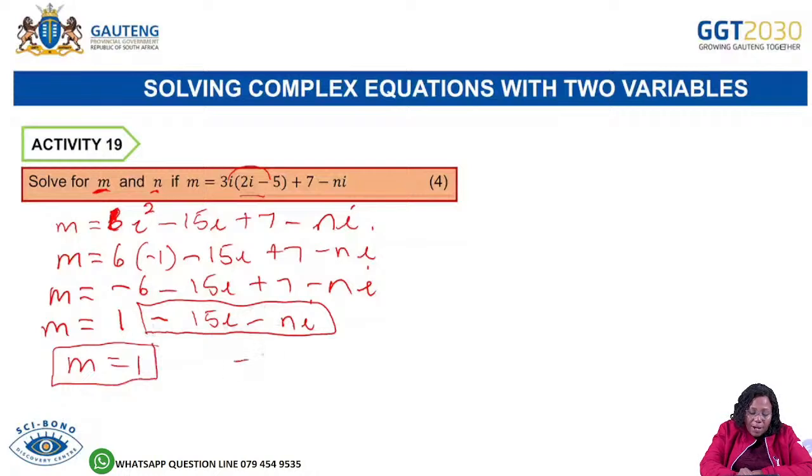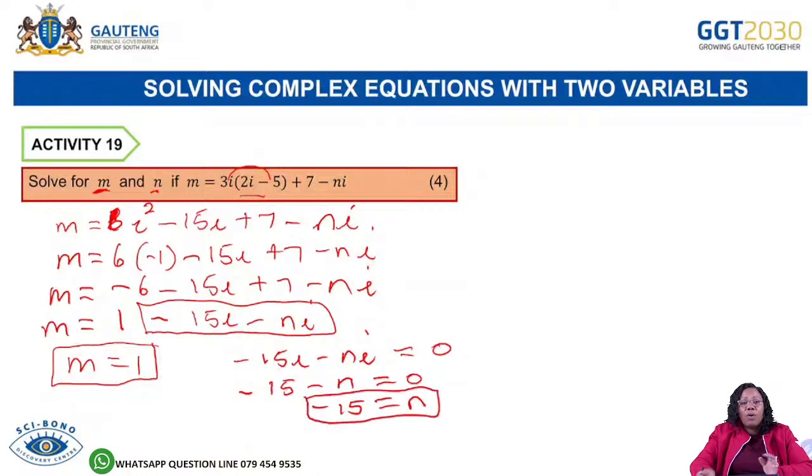And then this one, minus 15i minus ni, is equal to 0 because there is nothing with an i on the left. And then now remember, we concentrate only on the values, grade 12. That will be minus 15 minus n equal to 0. Therefore, n will be equal to minus 15. That is how we solve our complex numbers with 2 variables.